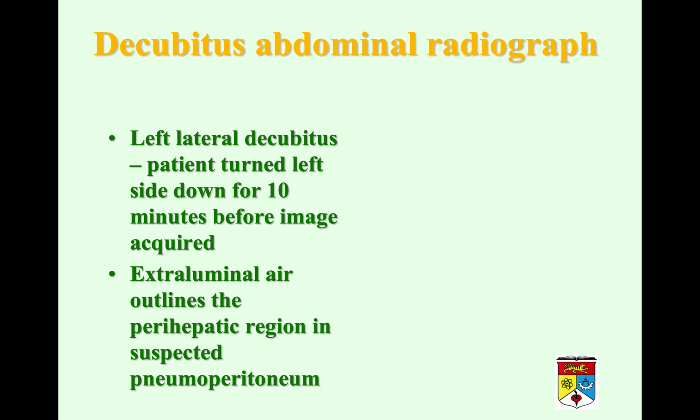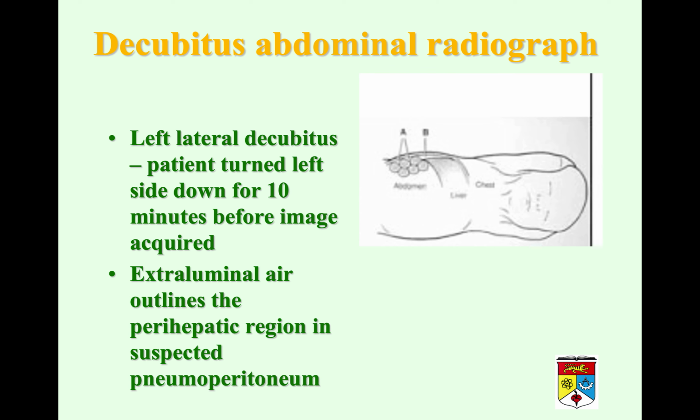Now, the decubitus abdominal radiograph is a specific radiograph that we only do whenever we suspect the presence of pneumoperitoneum. Most of the time, we apply this in the NICU. What we do is a left lateral decubitus. The child will be turned to the left side, and we have to wait a few minutes before we acquire the image.